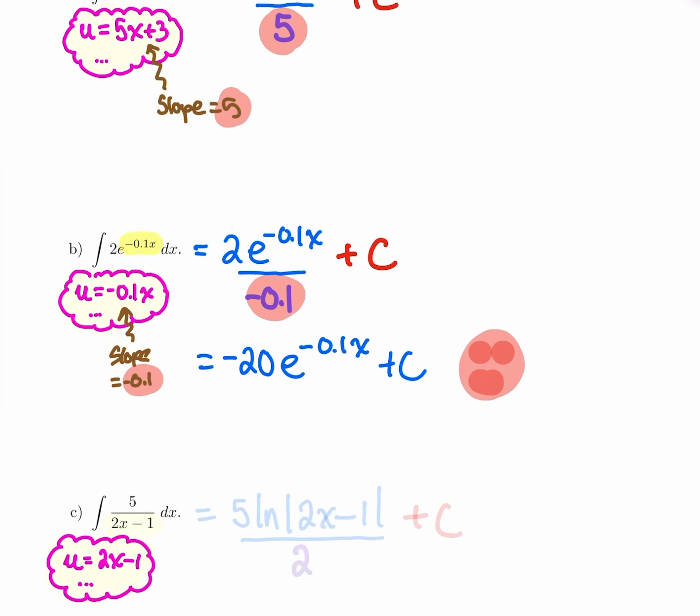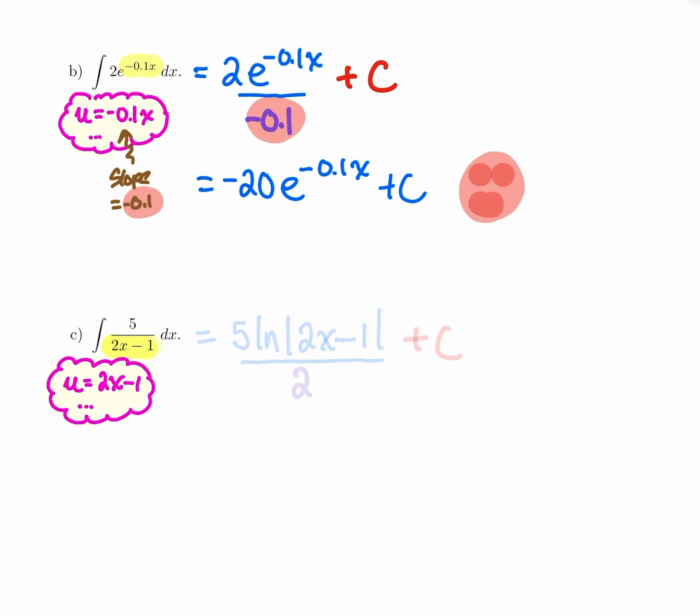And then finally, for my last example, I have 5 over a linear function. I know that 1 over x is ln of absolute value of x, or 1 over u would be ln of absolute value of u, because my denominator is a linear function. So I'm going to use substitution, and I know that my answer is going to be directly: keep the 5 as a coefficient, ln of the denominator, 2x minus 1, and I'm just dividing by the slope of that line.